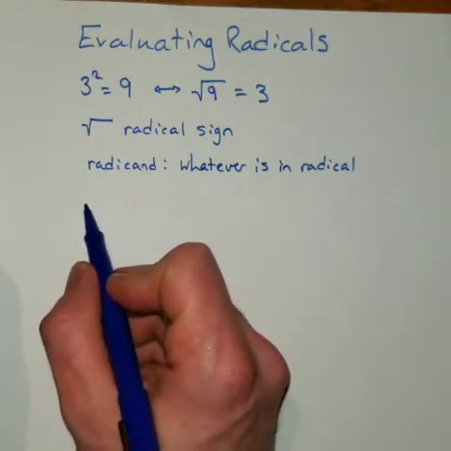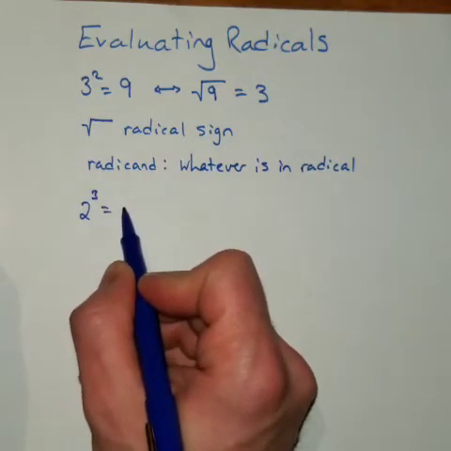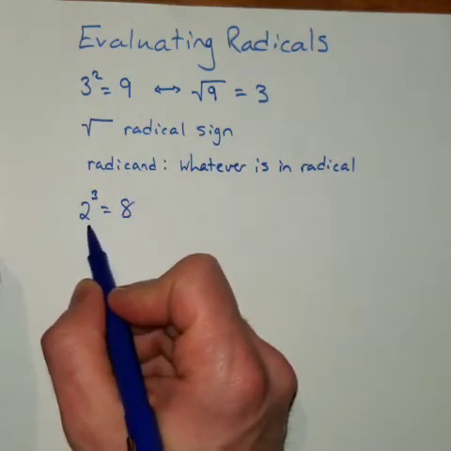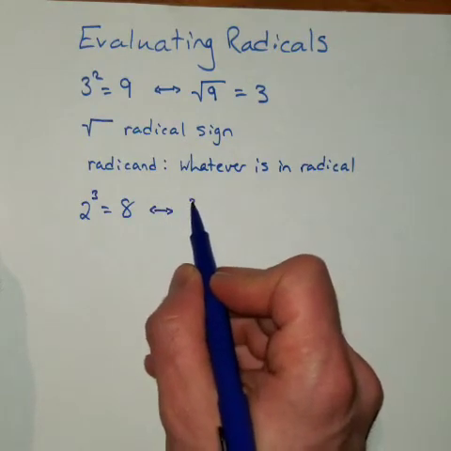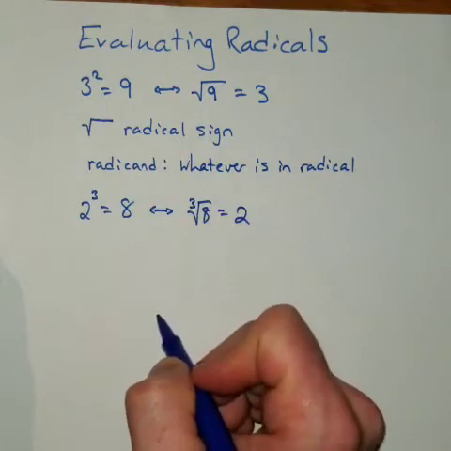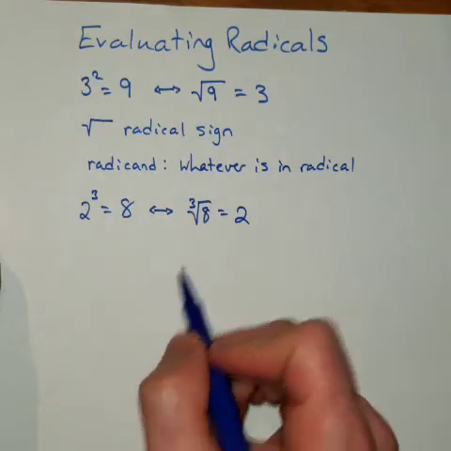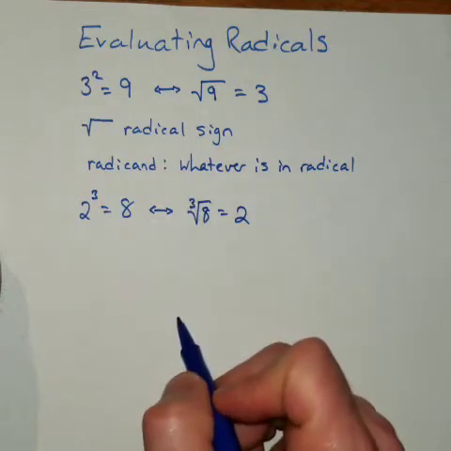Let's say I had 2 raised to the 3rd power. That's equal to 8, right? 2 times 2 times 2. A related radical then would be the cube root of 8 must be equal to 2. Right? So it's undoing the cube. Here the index is 3. The index is that little number that tells you what root you're taking.